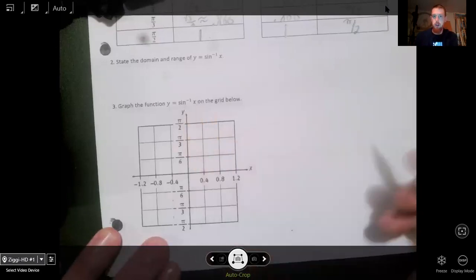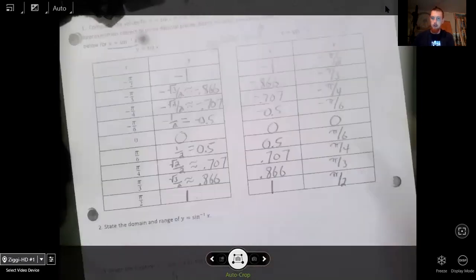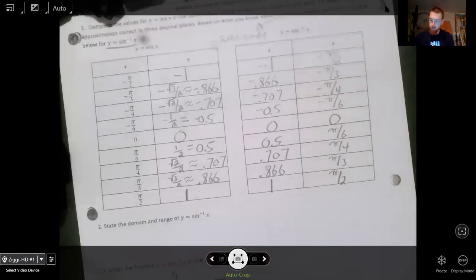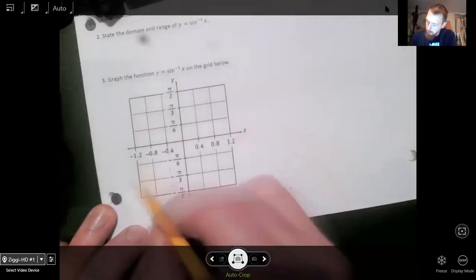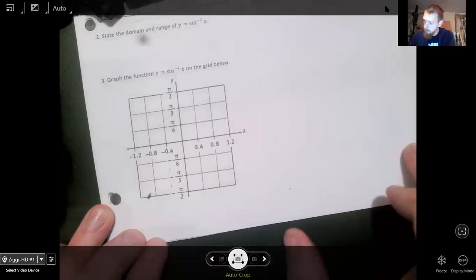And this is just coming from taking these x values and plotting them with these y values. So the first one that we have there is when x is -1, we've got a y value of -pi/2.